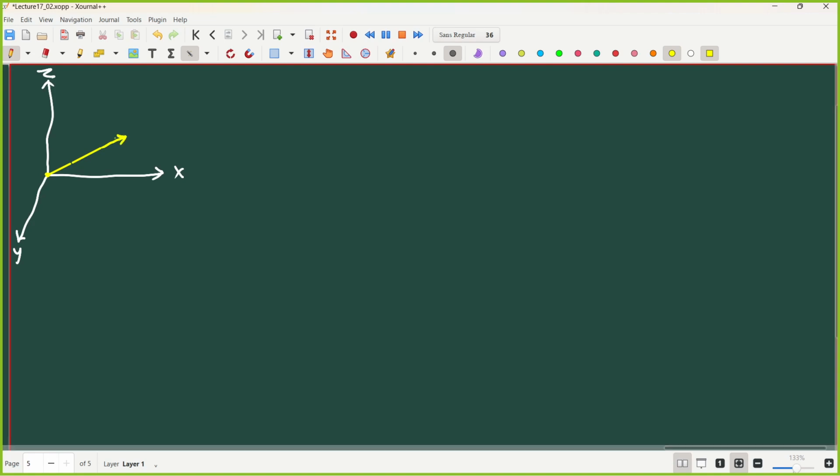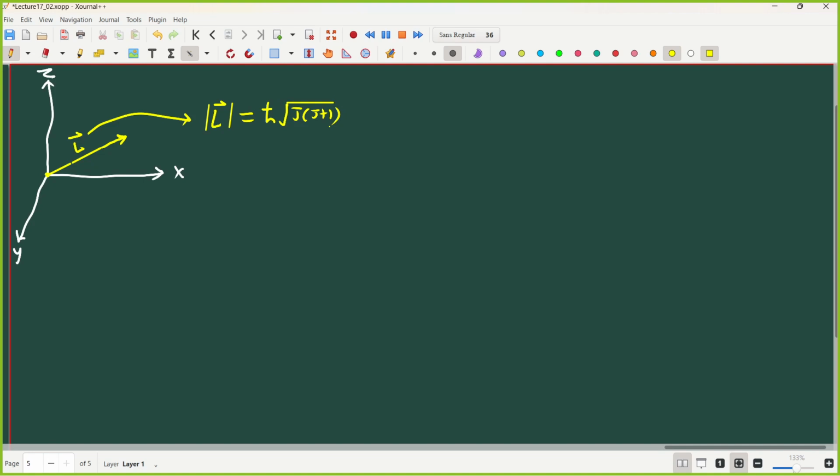So imagine we have this L vector here. This is our angular momentum vector of our electron. It's pointing in some direction. We know that the length of L, the magnitude of this vector, is h bar times the square root of j(j plus 1).